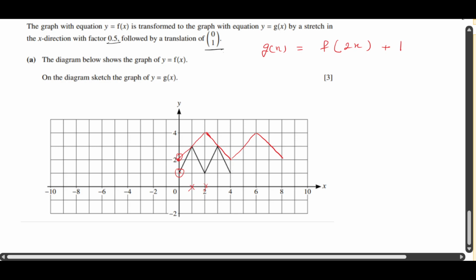It's Desmos. So let us take a simple function, f(x). Instead of saying f(x), we will say y equals, we will take a simple equation.